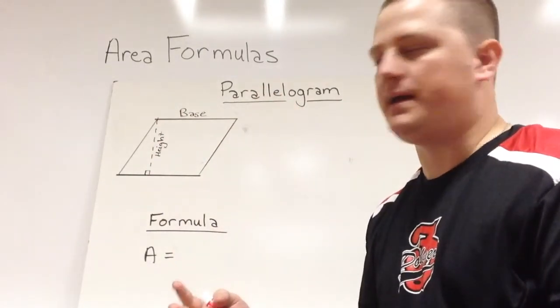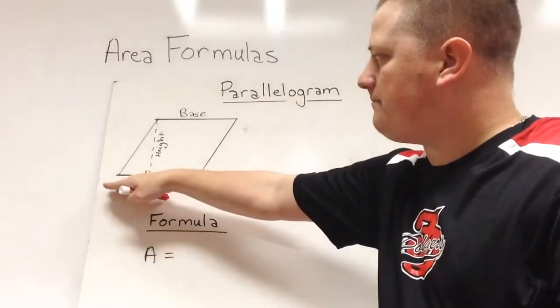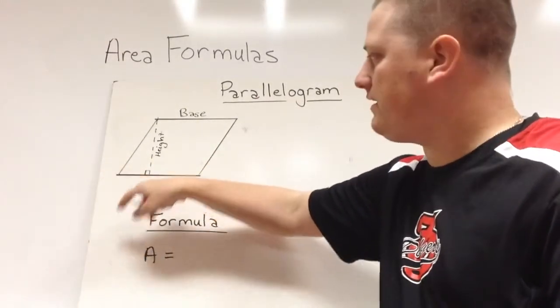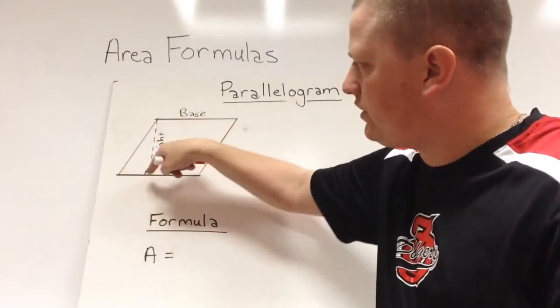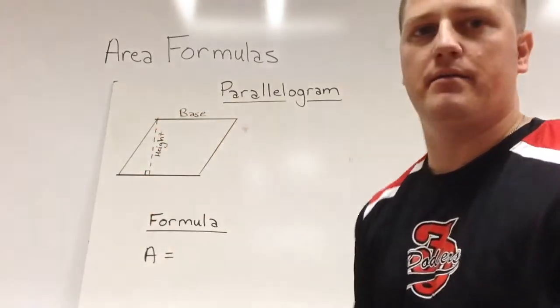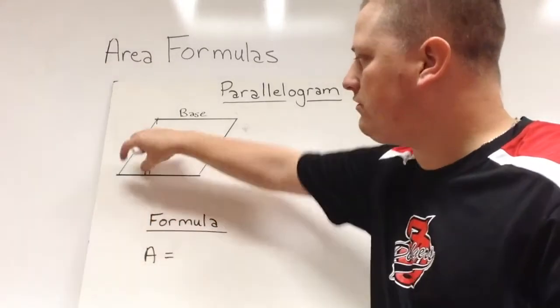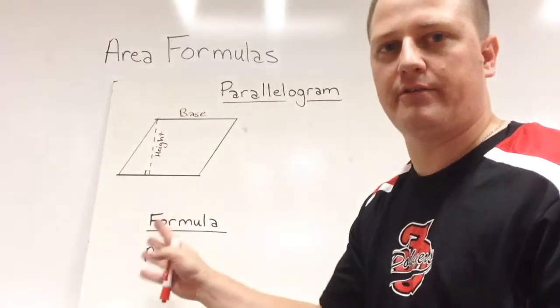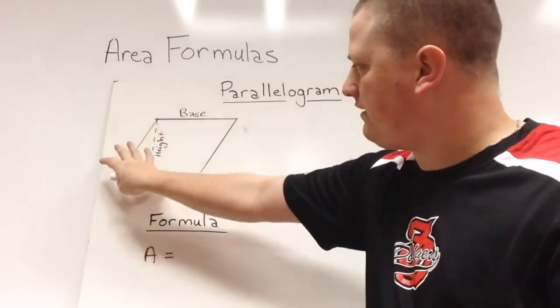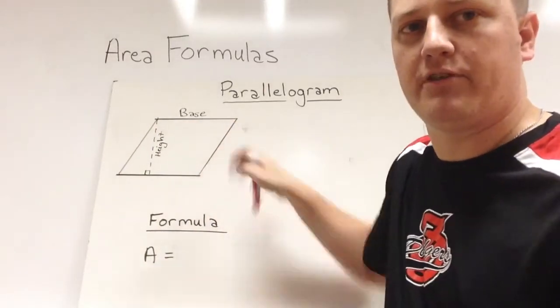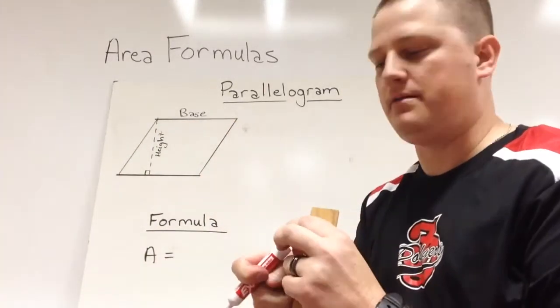What I want to show you is that with a parallelogram, we have this little triangle created when we measure the height from this point here. So what we can do is actually take this triangle. If I had a scissors, I could cut that triangle off and place it over here. So I'm going to do that with my red pen.